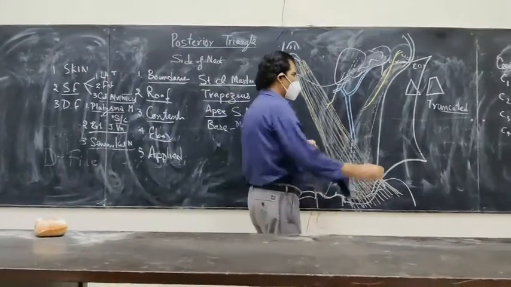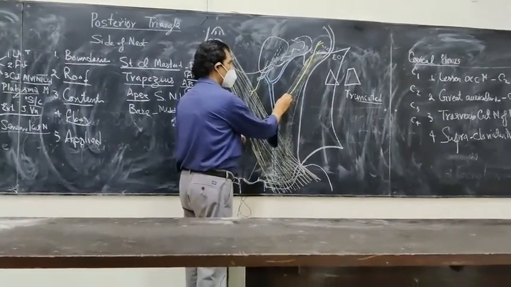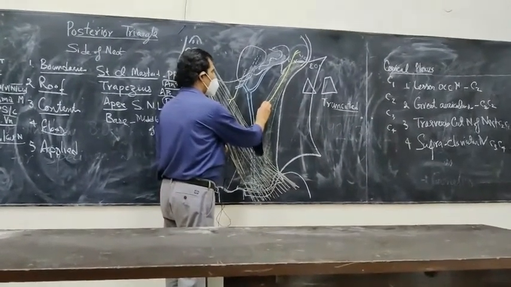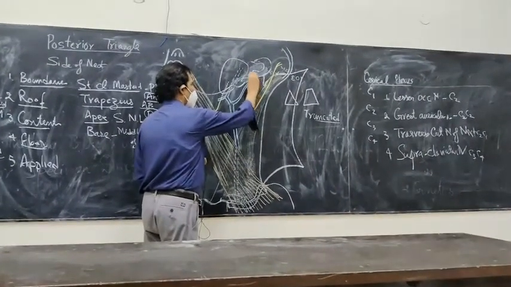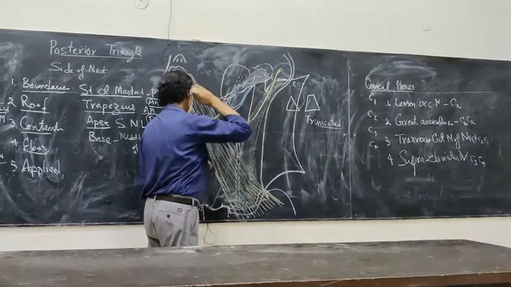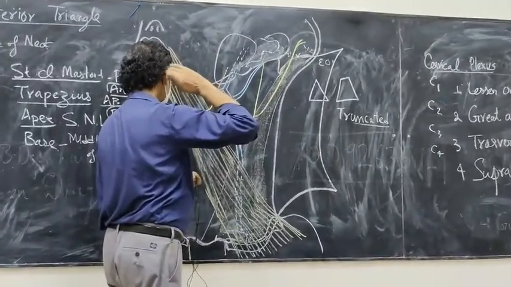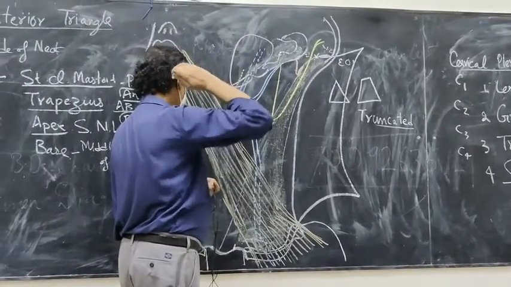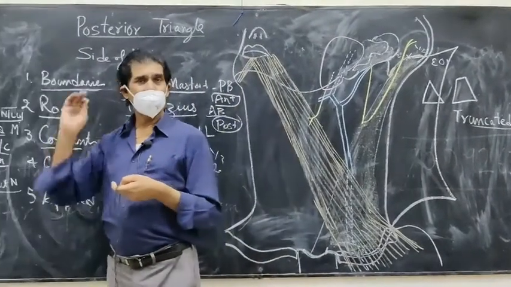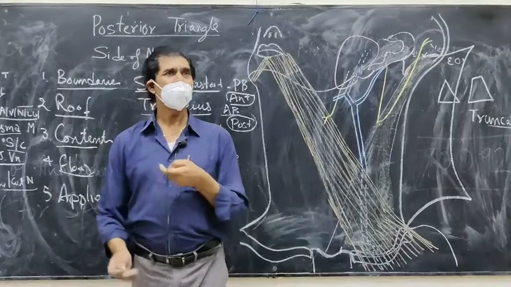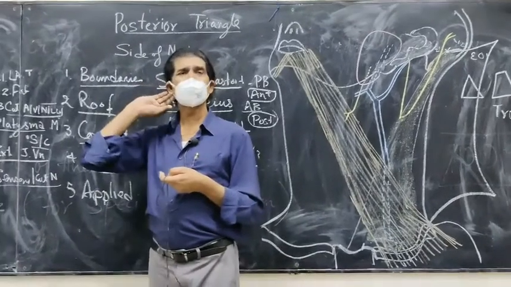So again, this nerve also arises in the posterior triangle. It will run upward and go behind the ear and supply this part of the skin facing the skull or the cranium, and this area is the lateral surface of the skin.